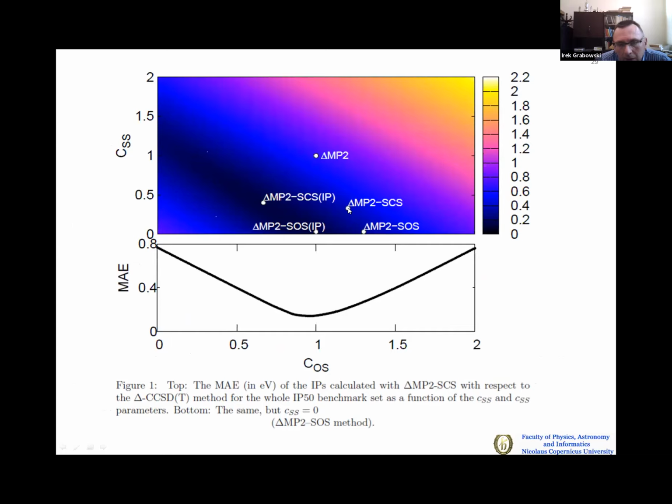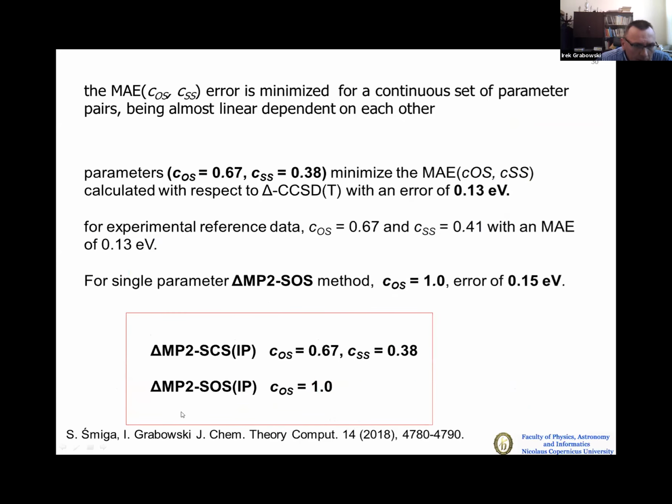The standard parametrization proposed by Grimme or Head-Gordon is somewhere here, but we were able to find the set of parameters which can minimize our error. Okay, the values are actually here. So they define our method. Very simple. The coefficients are, of course, empirical.